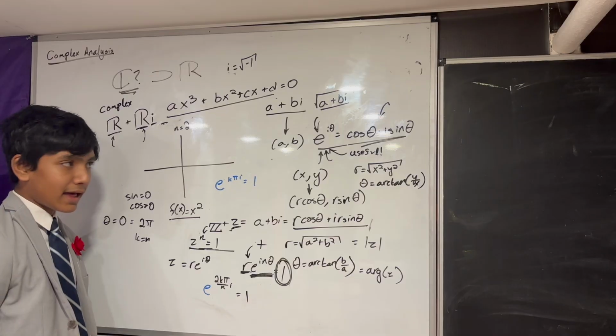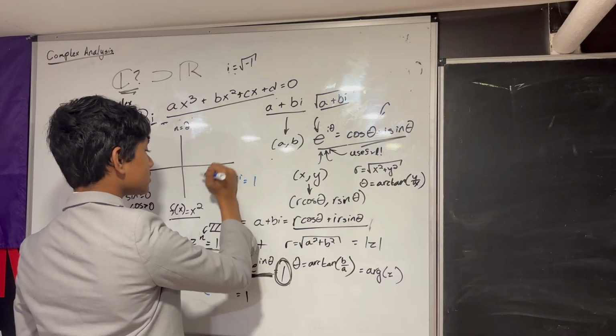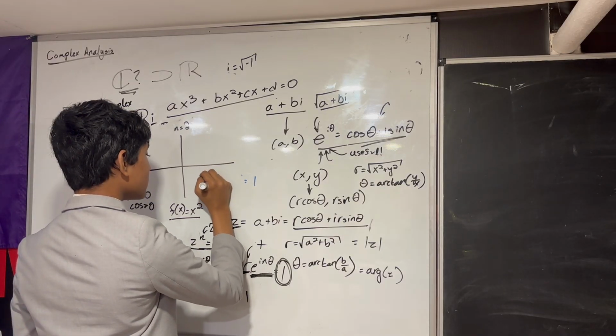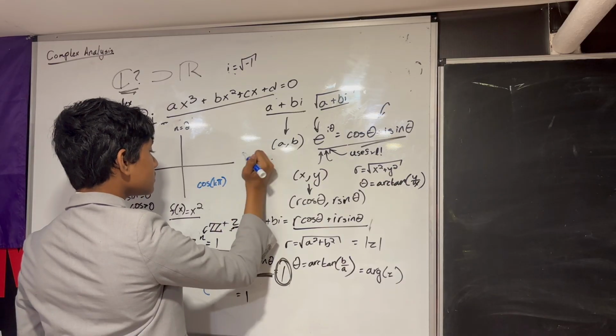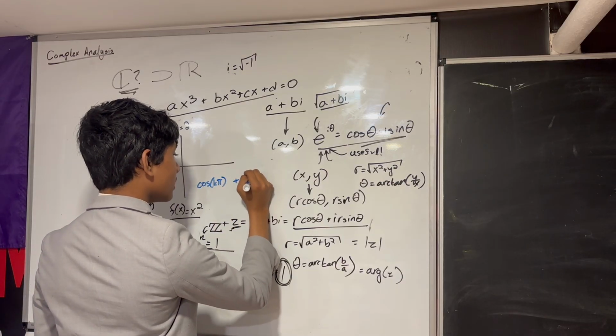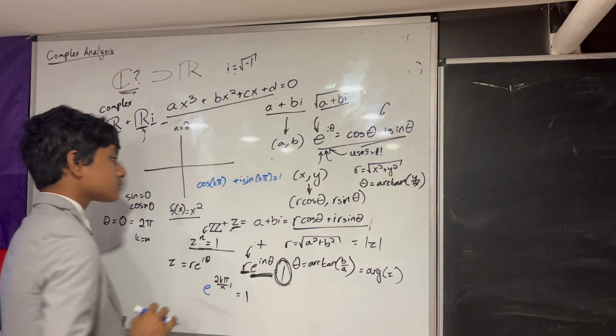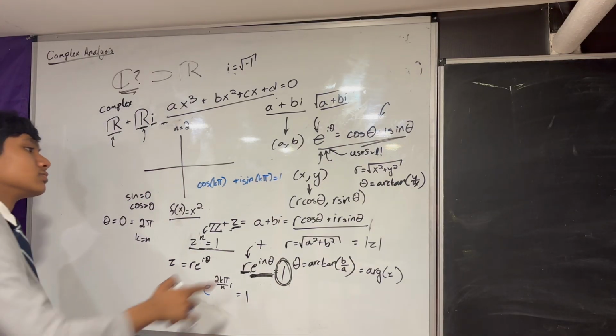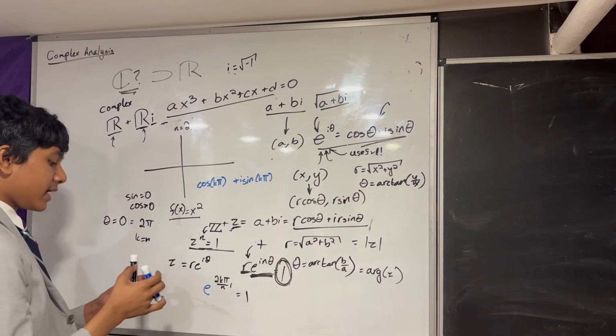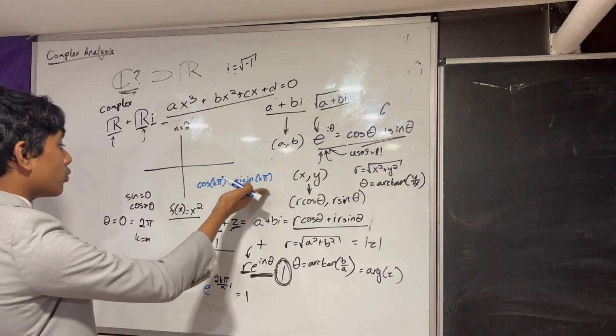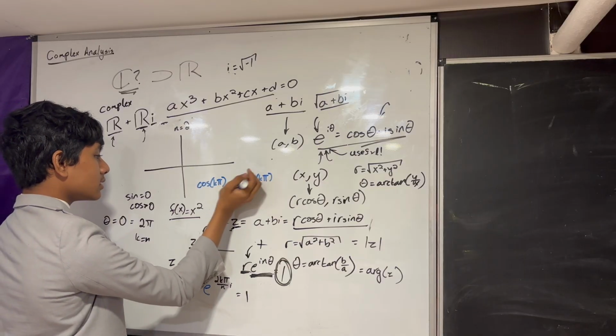And now writing that out, what does that give us? Cosine k pi plus i sine k pi equal to 1. So, well, this is always true.